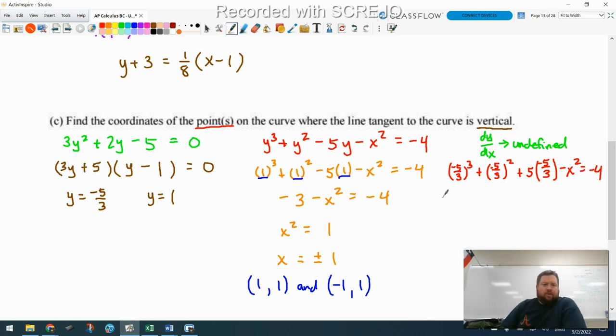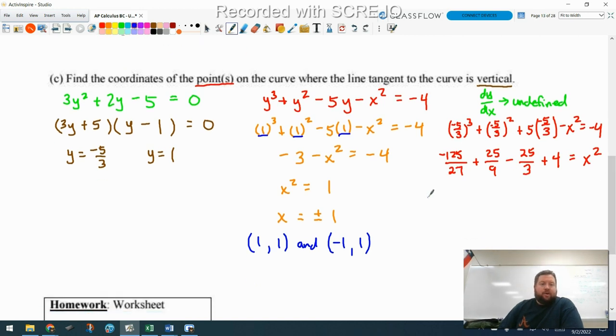All right, -5 cubed is -125. 3 cubed is 27. -5 squared is +25. 3 squared is 9. 5 times -5 is -25 over 3. I'm going to add the 4 over here, and add the x squared over there. All right, I'm going to rearrange my equation by putting the x squared first.